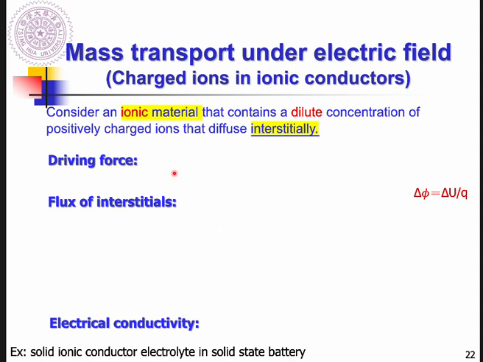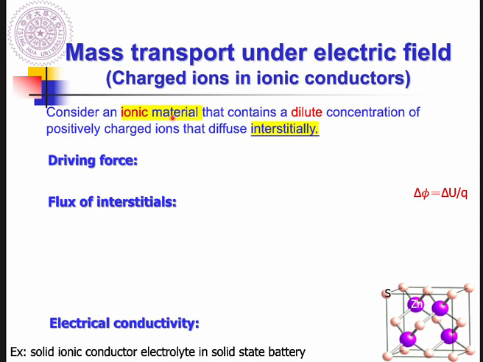Okay, so what we have here is ionic materials that contain a dilute concentration of positive charge ions that diffuse interstitially. So here probably we use zinc sulfate as the ionic material.